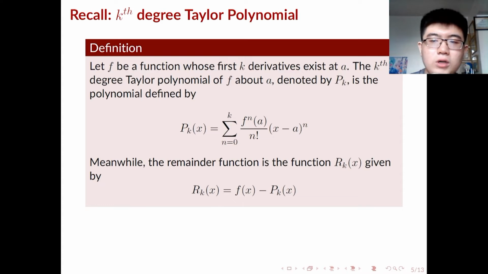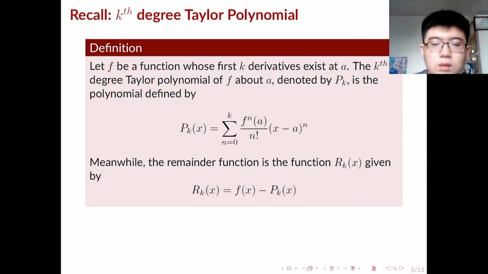And furthermore, the kth degree Taylor polynomial of f about a is defined by the series of f raised to n of a all over n factorial times the quantity x minus a raised to n from n equals 0 to n equals k. This is also denoted as the polynomial p sub k. So p sub k is the kth degree Taylor polynomial. Alright?